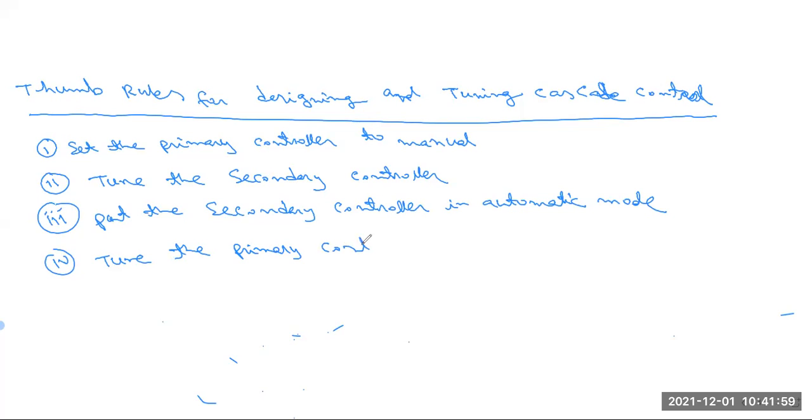So these 4 rules we have to remember when we design any cascade control system. In this controller part we attach these two processes, process 1 and process 2. So in this part you have to tune both controllers, that means the primary controller as well as the secondary controller.